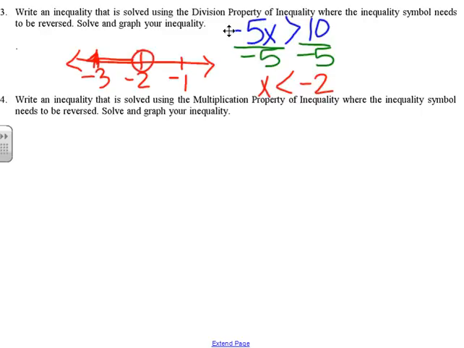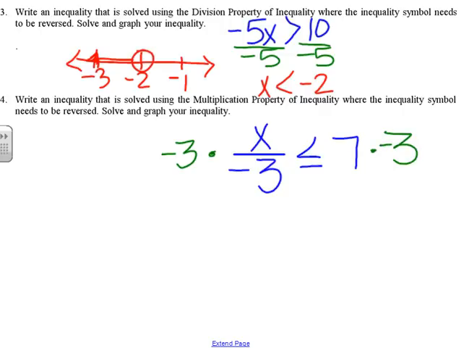Okay, number 4, similar idea, except this time we need to solve using the multiplication property of inequality. So this time I might do x divided by negative 3 is less than or equal to 7. So the multiplication property of inequality says you can multiply by the same thing on each side.